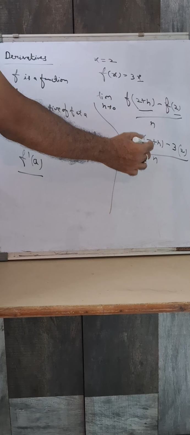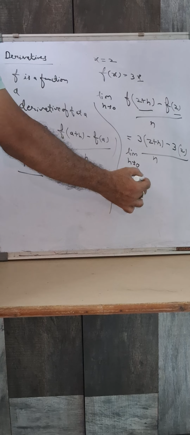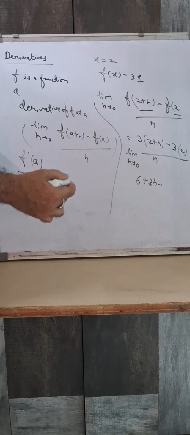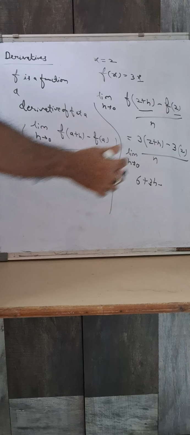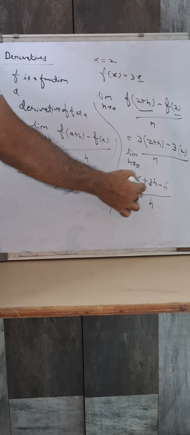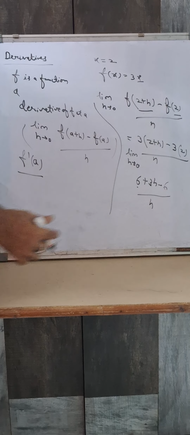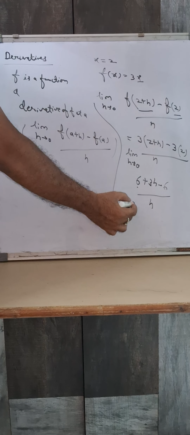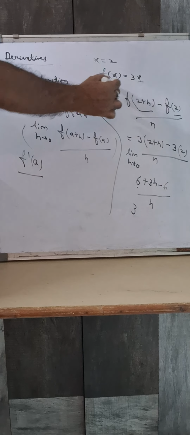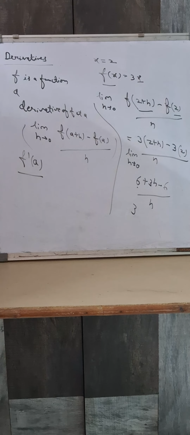Three into 2 is 6, plus 3h minus 6 upon h. 6 plus and 6 minus cancel out, 3h upon h will be 3. So the derivative of the function f(x) at x equals 2 is 3.